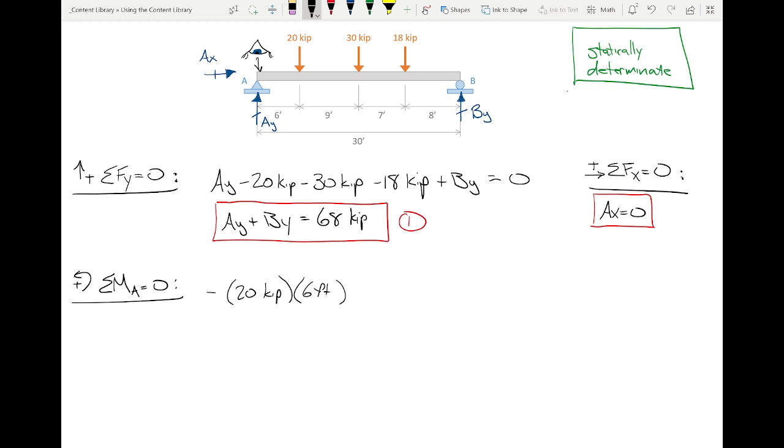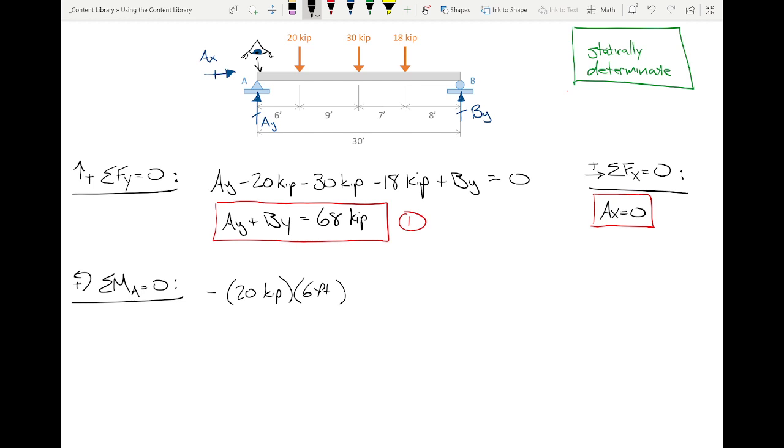All right. So there's the 20 kips. We handled that. What about the 30 kips? Does it generate moment about point A? Yes. All right. Positive or negative? Now, how far is it from A? 15 feet.